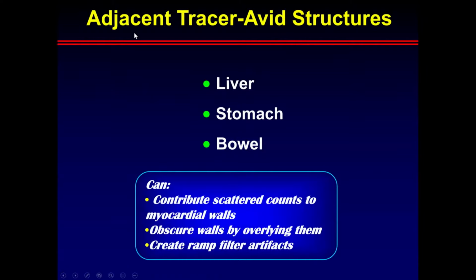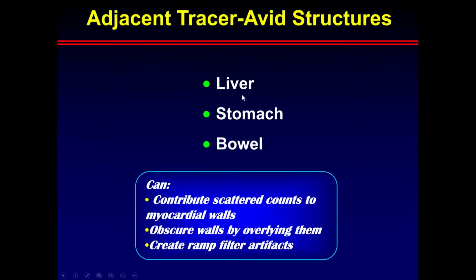The other issue is adjacent gut. This can be from the liver, from the stomach, or from bowel. The importance of knowing about subdiaphragmatic or adjacent hot activity is that it contributes scattered counts to myocardial walls so that it can obscure defects. And it can also create ramp filter artifacts, which can cause defects.